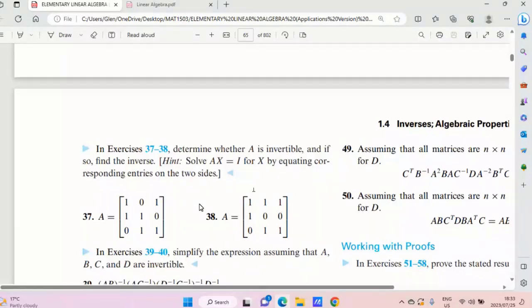And then third row we have 0, 1, and 1. Let me repeat. You said first row you have got 1, -1, and -1, ne? Correct. Second row, -1, 2, and 1. Correct. Third row, 0, 1, 1. Correct. Thanks, brother.